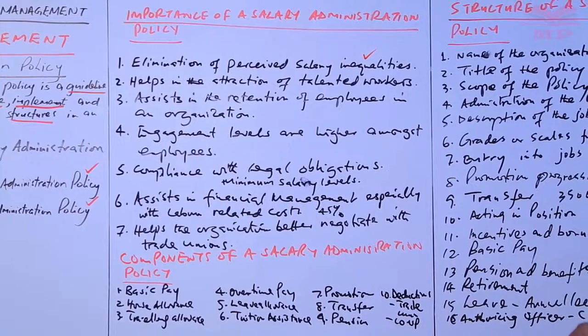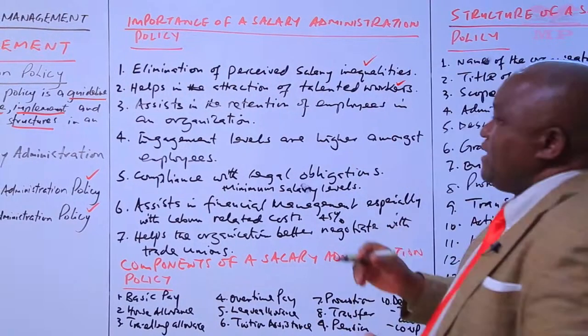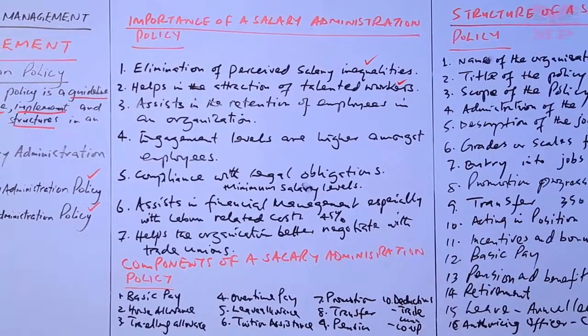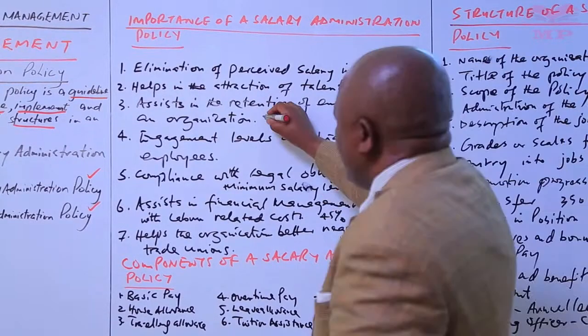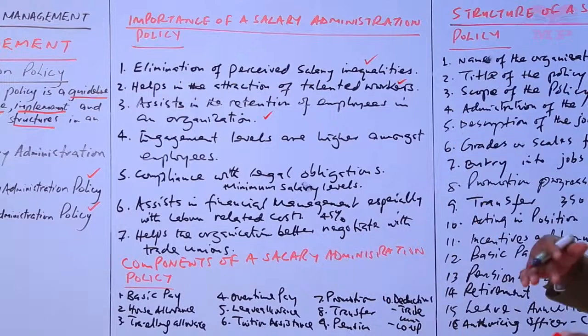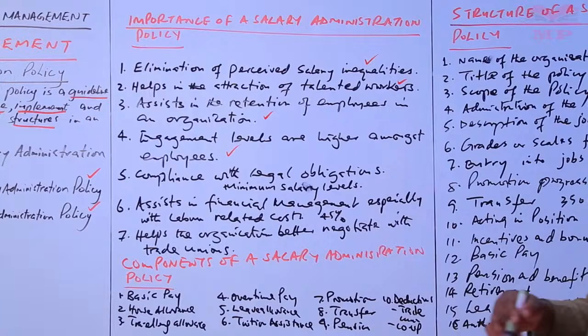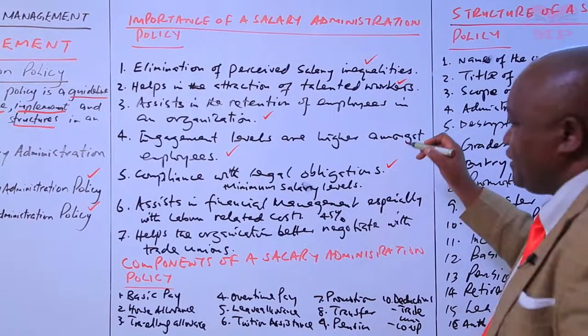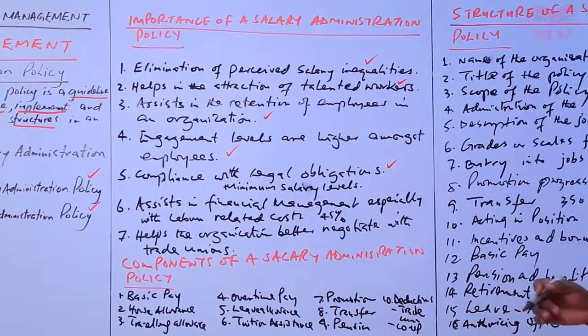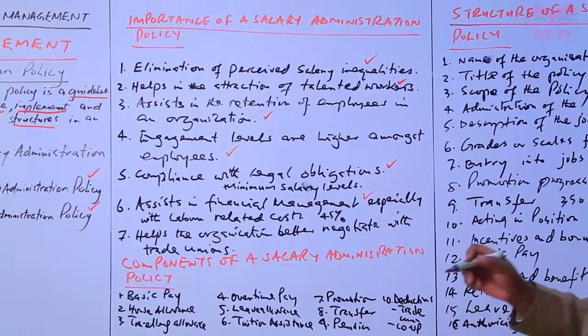Number 2, it helps in the attraction of talented workers. Number 3, it assists in the retention of employees in an organization. Number 4, it enhances engagement levels of employees. Number 5, it assists in legal compliance, for example, minimum wage or salary. Number 6, it assists in financial planning. Number 7, it helps the organization to better negotiate within policy.